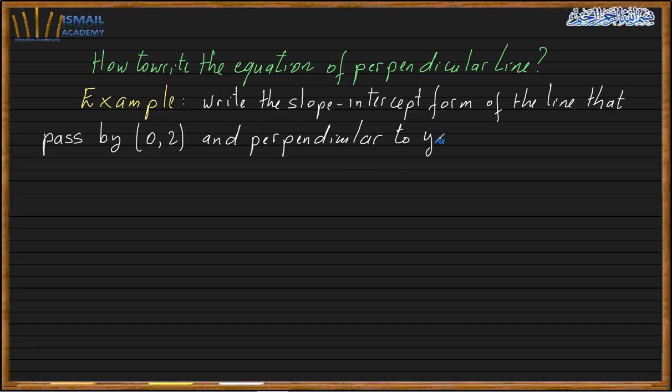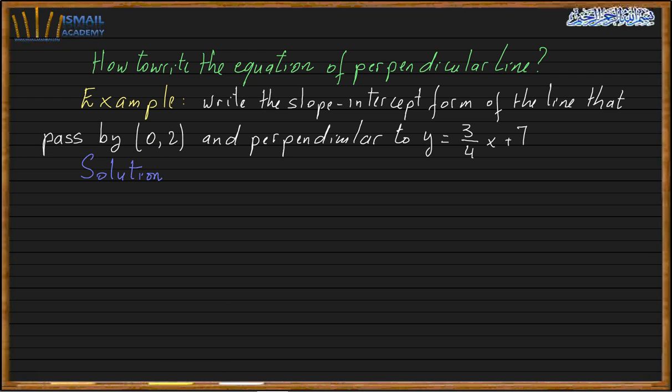Like I say here, what we need is the point and slope. The point that was given to us is the y-intercept, which is the b.